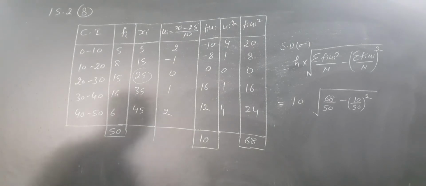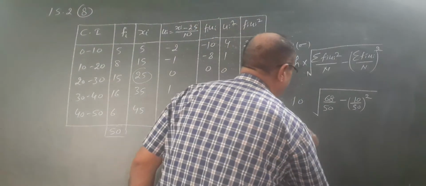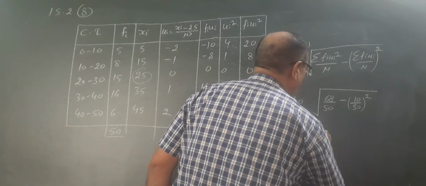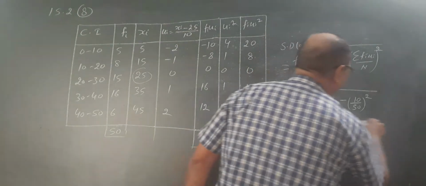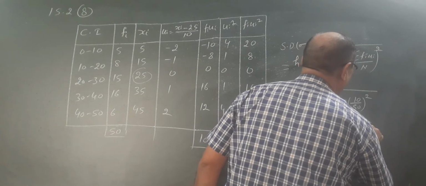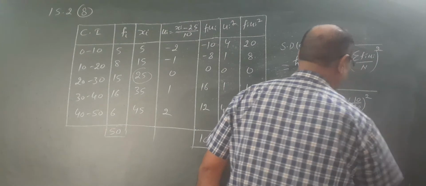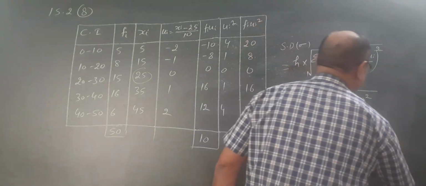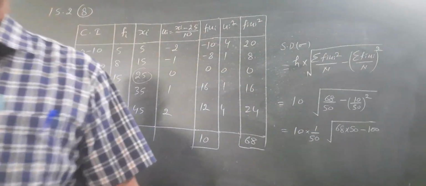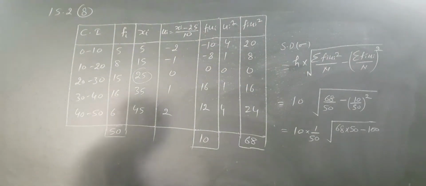Now friends, you have to solve this: 1 by 50 is taken outside the root, and inside we have 68 multiplied by 50 minus 100, that is the square of 10 taken outside. Okay, 68 multiplied by 50 minus 100.